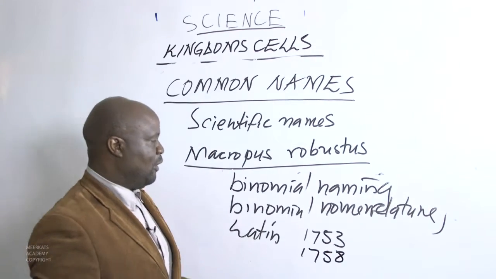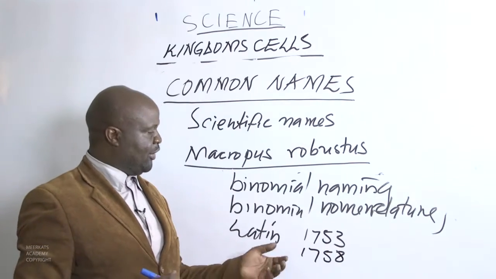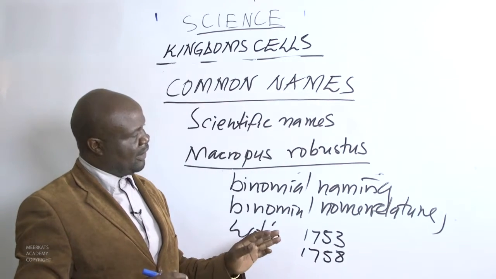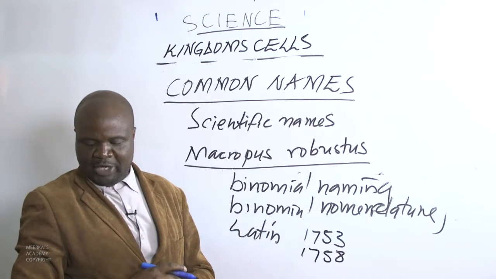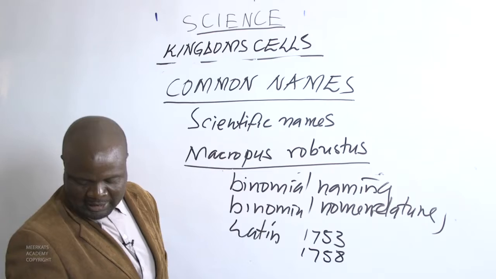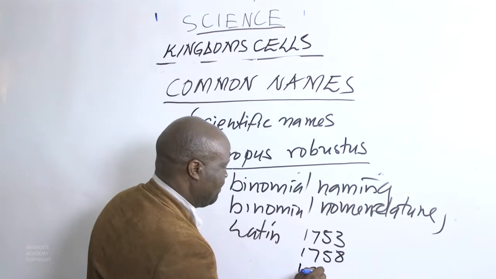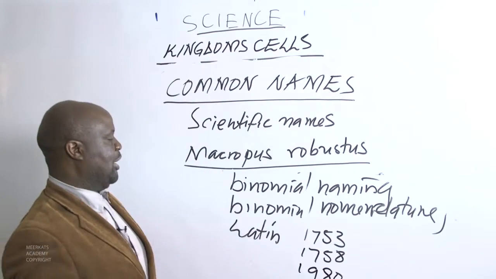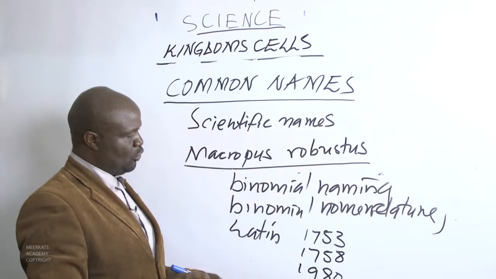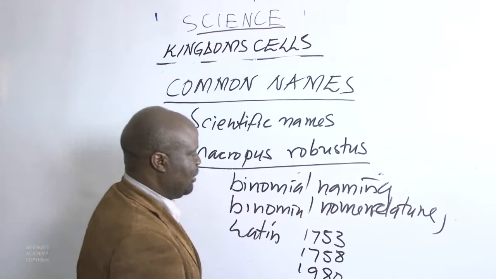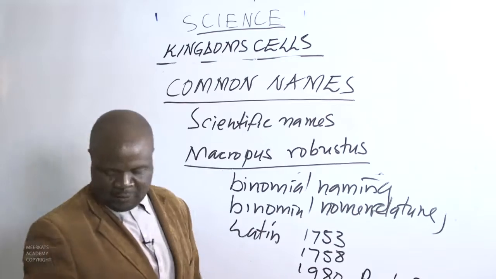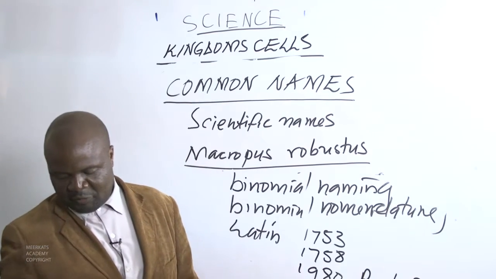Later on, it was agreed that binomial nomenclature would also be used to name bacteria, from 1980, those discovered by scientists and so forth.